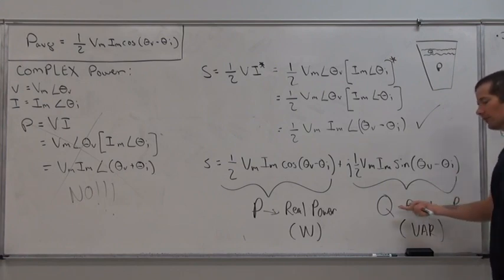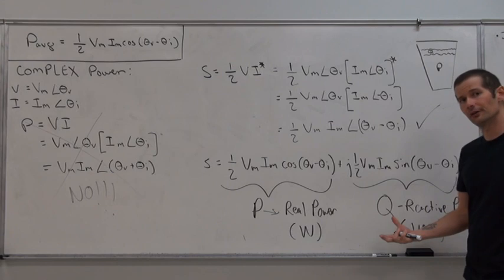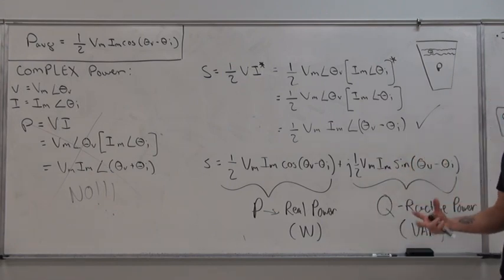So the reactive power, or Q, is the imaginary portion of the complex power.